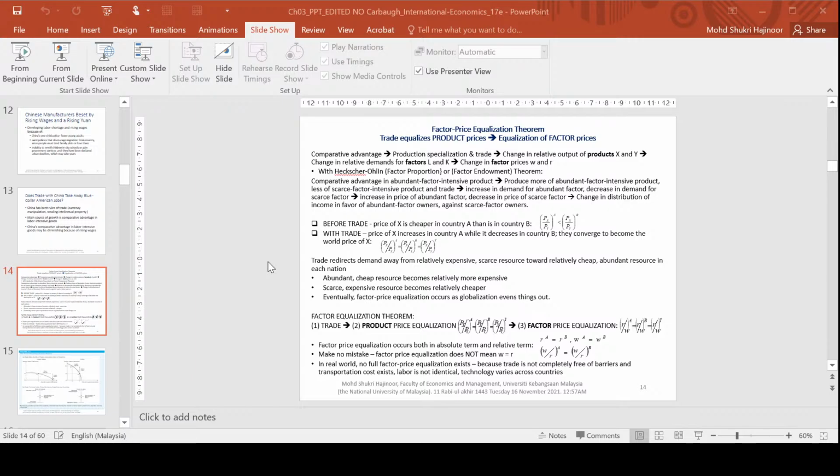You have labor. You produce a labor intensive product, which is textile. So when you produce more textile, more labor will be used instead of capital. More labor is used, capital less, or an increase in more labor, more capital but at a lower rate.